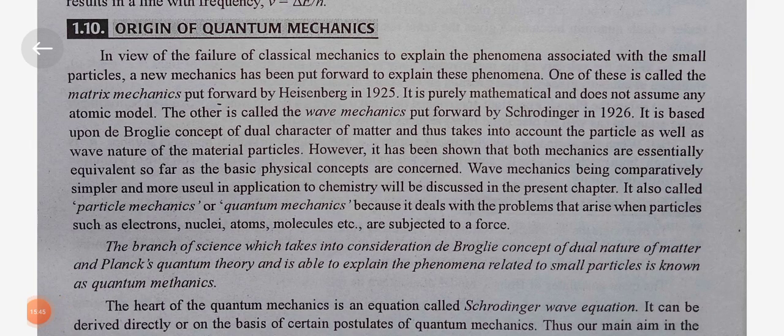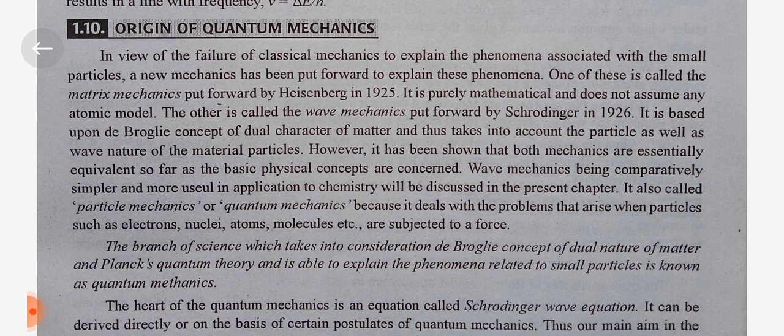Origin of quantum mechanics. In view of the failure of classical mechanics to explain the phenomena associated with small particles, a new mechanics has been put forward to explain these phenomena. One of these is called the matrix mechanics, put forward by Heisenberg in 1925. It is purely mathematical and does not assume any atomic model.